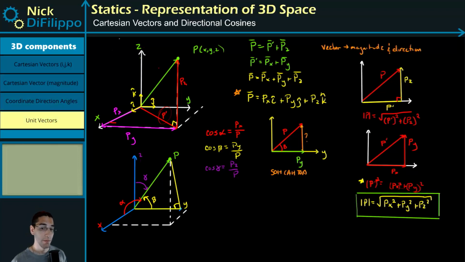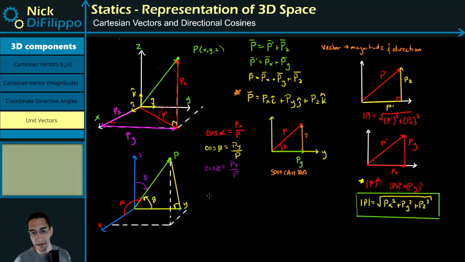What we can now do is use what we have on the screen to come up with a couple of different forms we'll be able to use for these problems. A very common thing is we want to express this vector in terms of the unit vector and the magnitude.